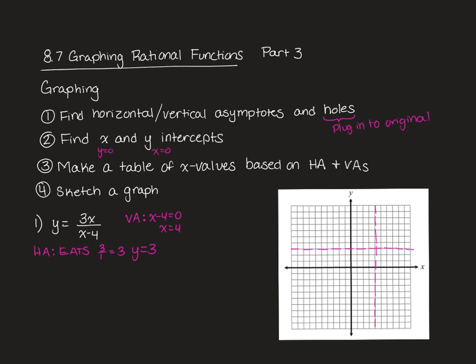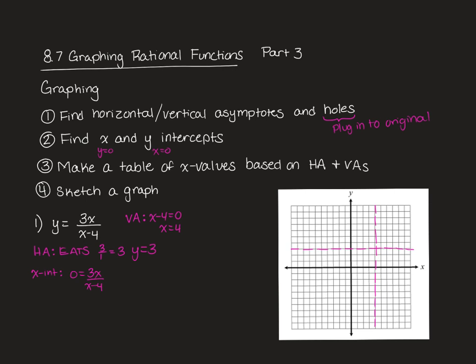Okay, now we need to find x and y intercepts. To find an x-intercept, y equals 0. So my function here is going to be 0 is equal to 3x over x minus 4. Now the good thing about rationals is that in order for a fraction to equal 0, just the numerator needs to equal 0.